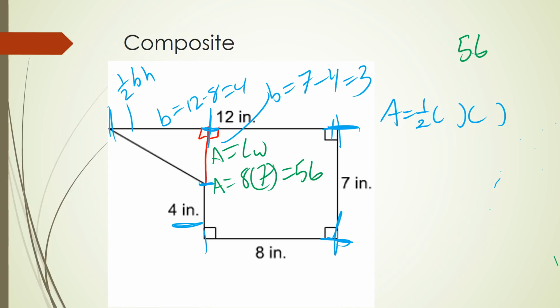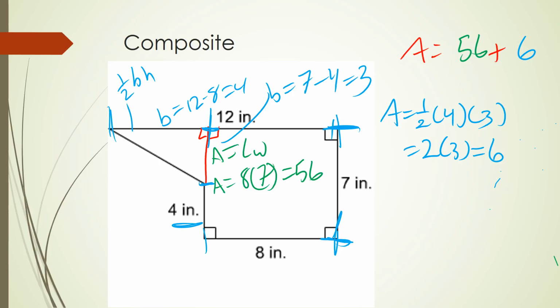So in this case, the base is 4, and the height is 3. So 1/2 of 4 is of course 2, so that would be 2 times 3, which is of course 6. So our 6 is our second one, so we can throw that up there with the other.